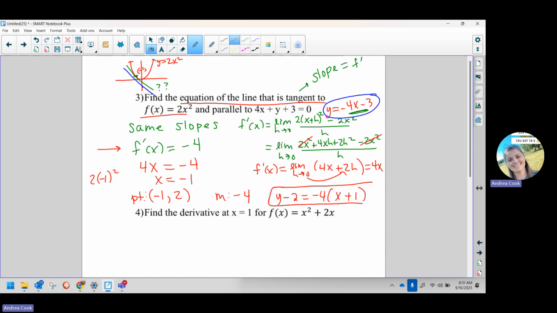So there's your tangent line. So that's the equation of the green line in my picture. I don't like that I wrote green and red.